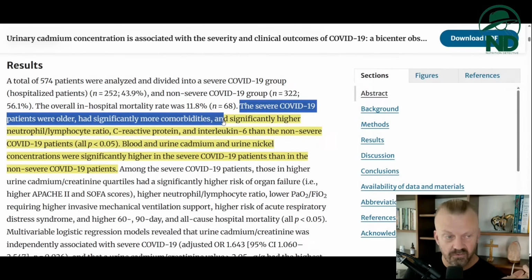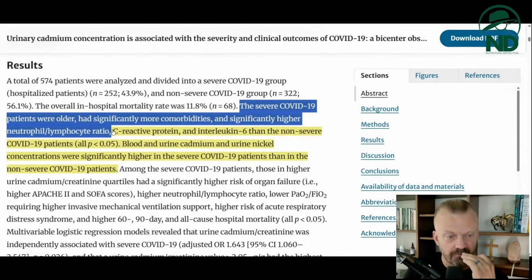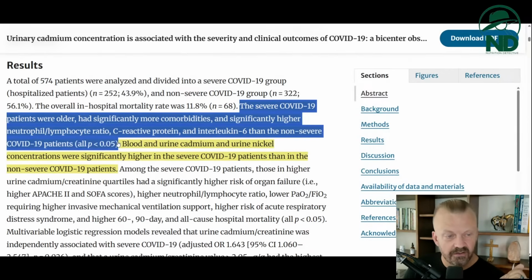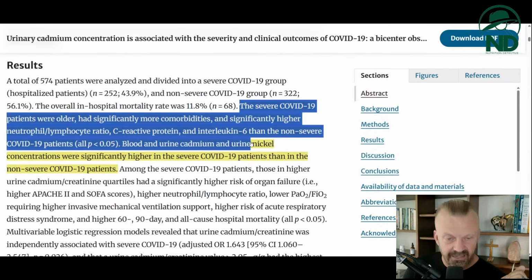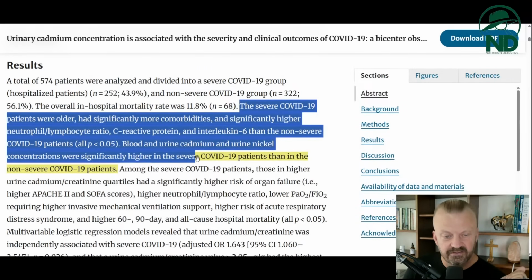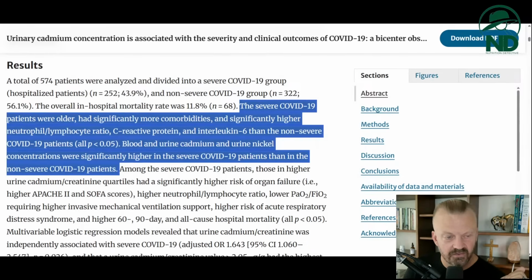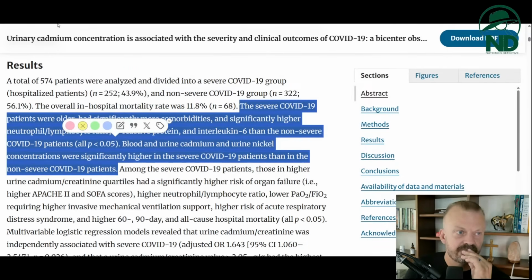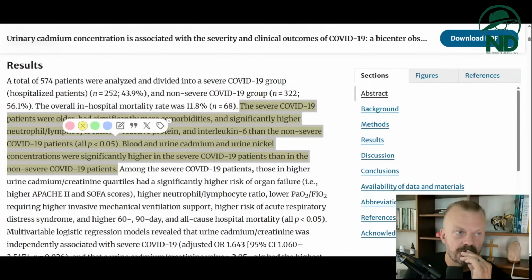They were sicker in general and had significantly higher neutrophil to lymphocyte ratio, C-reactive protein marker of inflammation, and interleukin-6 than the non-severe COOF patients. Blood and urine cadmium and urine nickel concentrations were significantly higher in the severe COOF patients than in the non-severe COOF patients. Is it a virus? Or is it just toxicity?